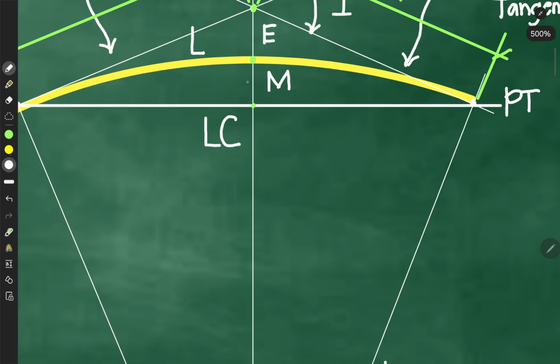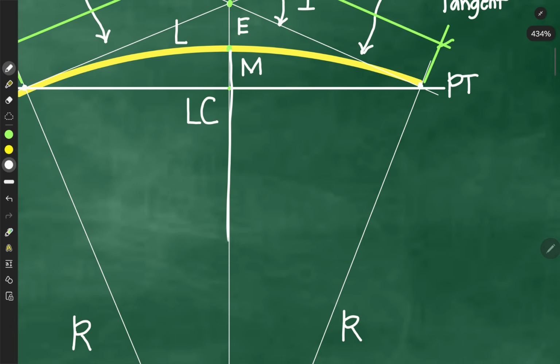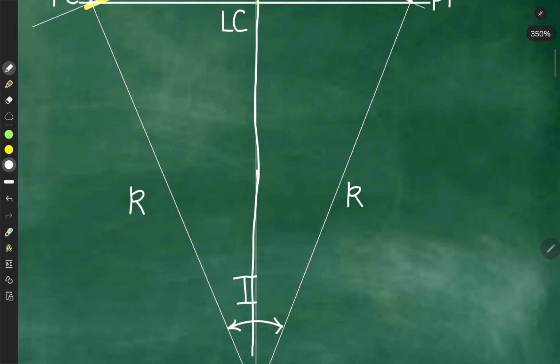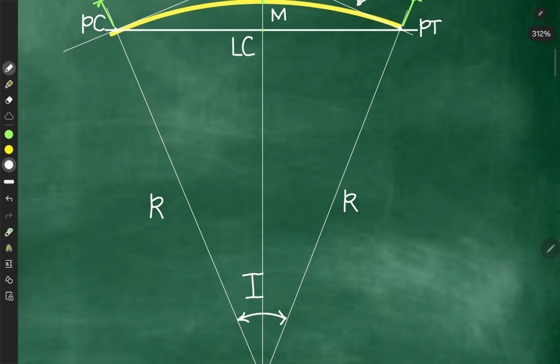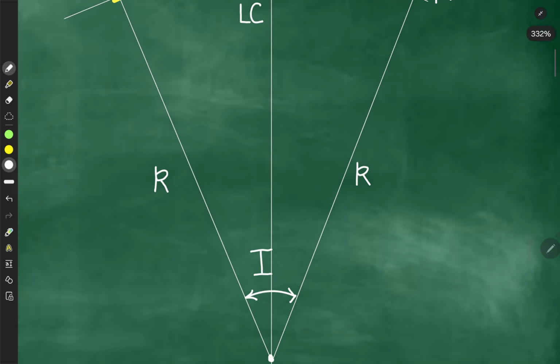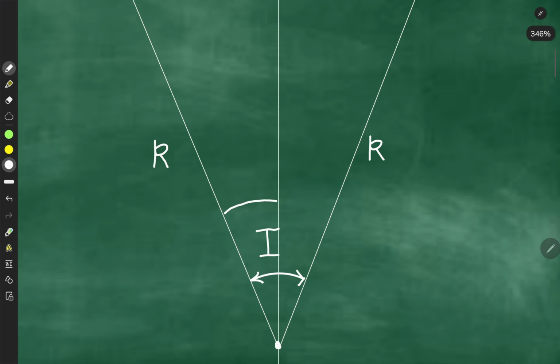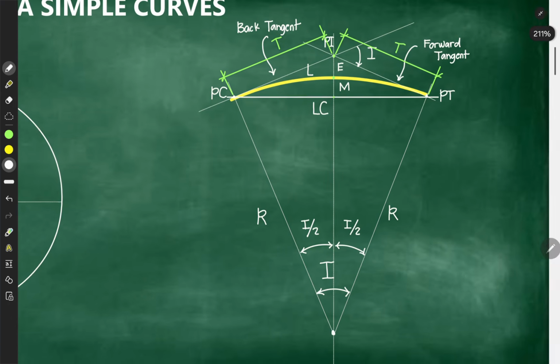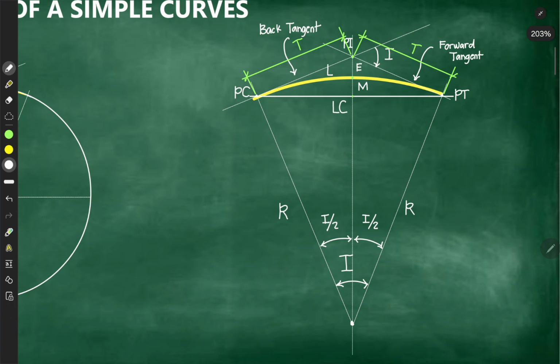Again, the extension line of the middle ordinate going to the central angle, binabisect niya daw yung ating I o yung central angle. So this is just I over 2 as well as this is also I over 2. Okay? So these are the properties of a simple curve.